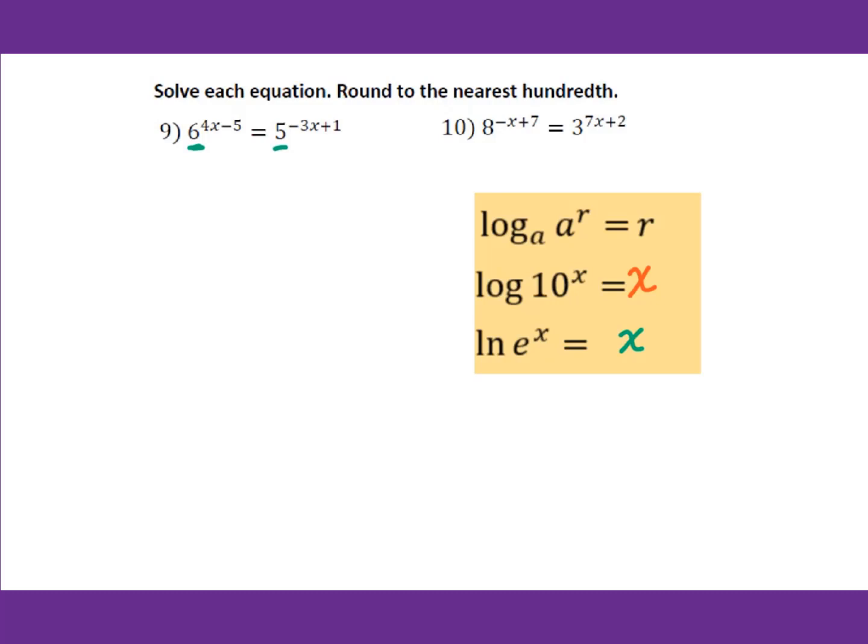Let's work on that. I got the log base 6 of 6 to the 4x minus 5 power equals log base 6 of 5 to the negative 3x plus 1.